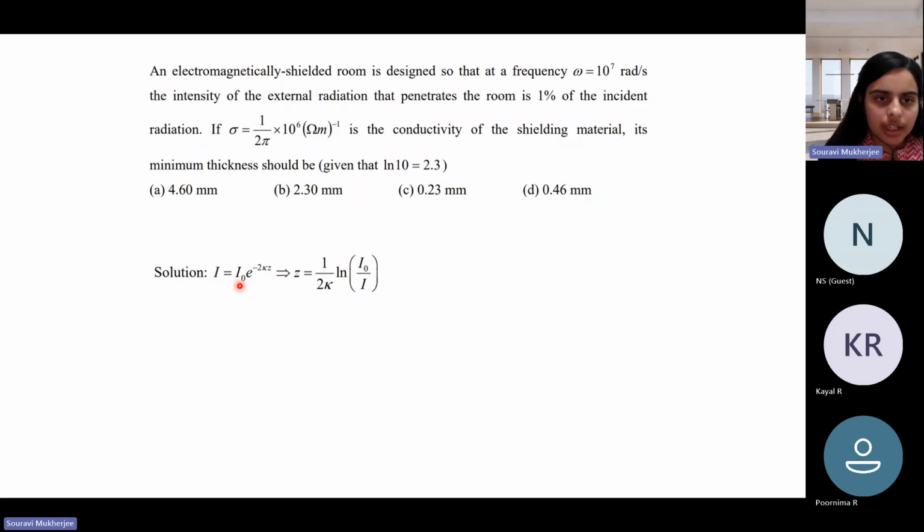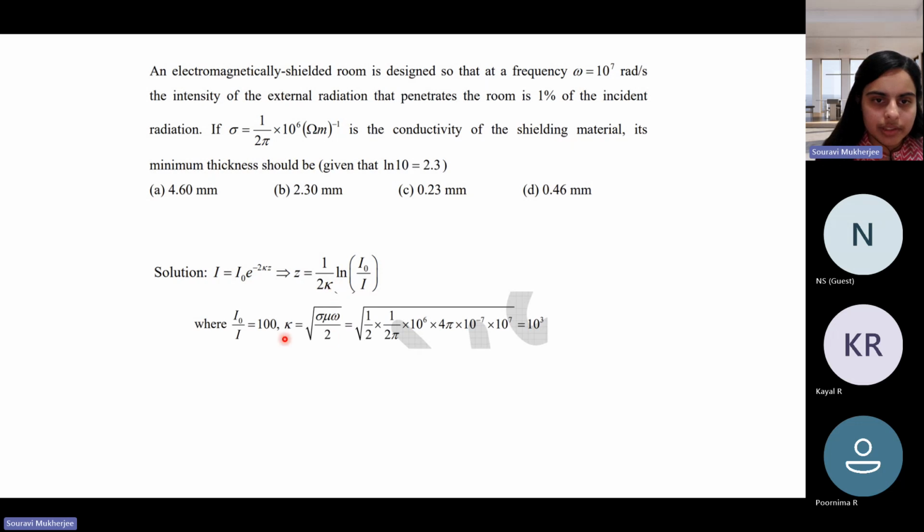Okay. So now what the question has given you is I naught, and how much percentage of I naught is I. So you already know that it's 1%. What you have to find is Z, right? And for that, you need to find what K is, right? Now here we'll use this expression. This is the expression that we said that for a good conductor, this is how K is related to the conductivity and the material properties, right?